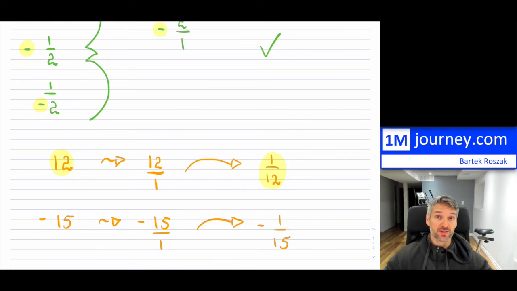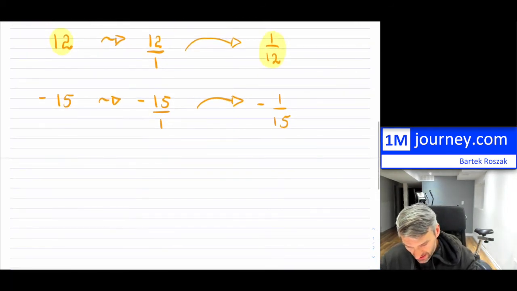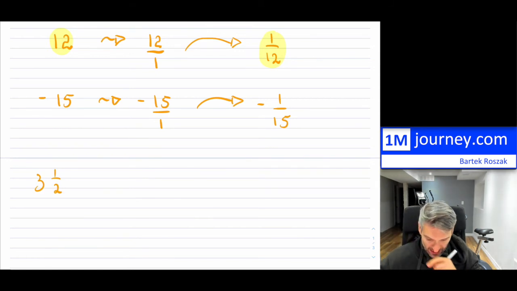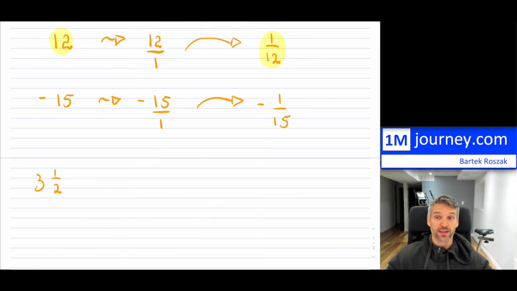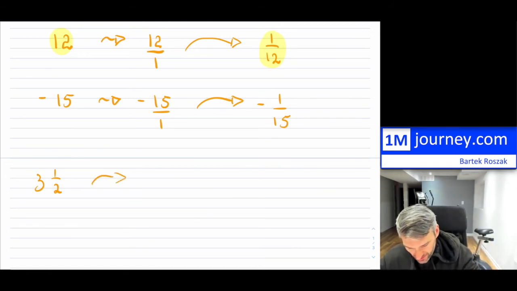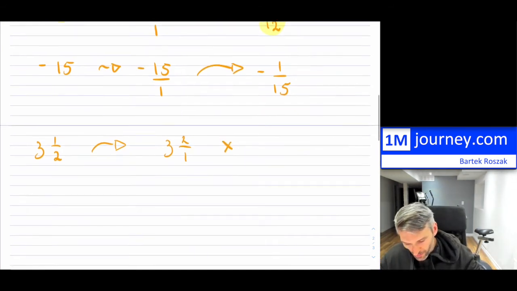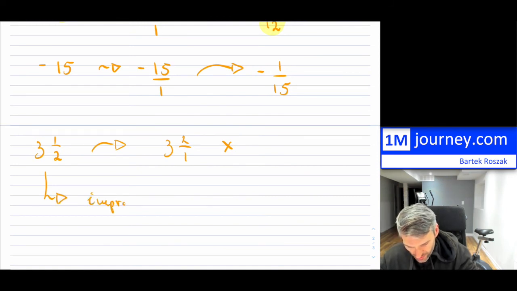What happens next if you have mixed numbers? So that's a great example. So for instance, if you had 3 and 1/2, this one gives students sometimes headaches because when they're so used to doing just the swapping of numerators and denominators, they may mistakenly write something like this, where they just swap the actual fraction part of the mixed number. So this is incorrect. So what you have to do with these is you actually have to change them first to an improper fraction.